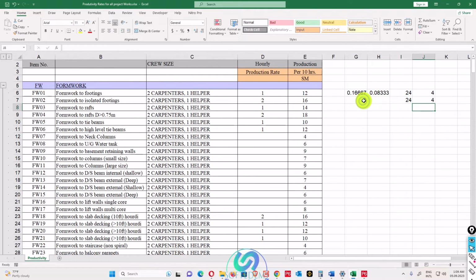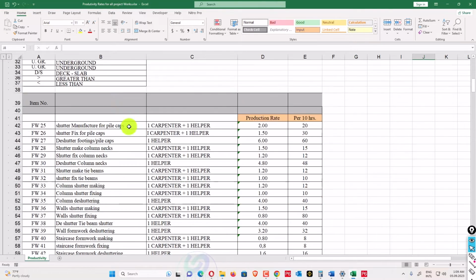Because there are 2 types of productivity rates, it's like that. It's similar in complete shape.